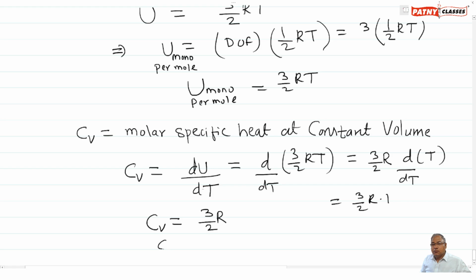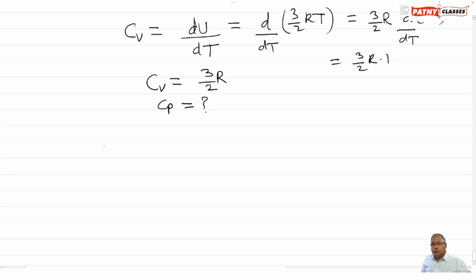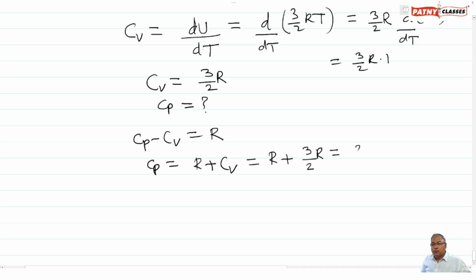Now, what is the Cp value? Since Cp minus Cv equals R, from this relation we can find the Cp value. So Cp equals R plus Cv, that is R plus 3 divided by 2 R. So that becomes 2R plus 3R divided by 2, which equals 5R divided by 2.